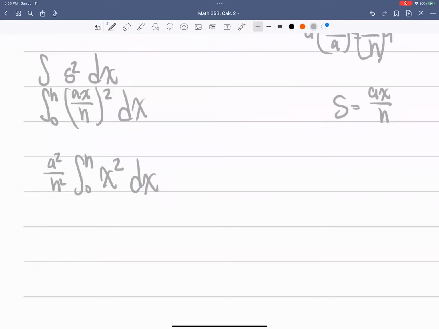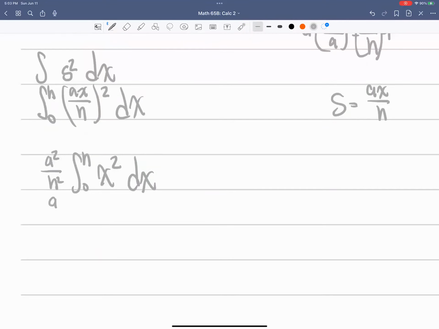From here, let's integrate the way that we know how. x cubed, so we multiply by 1/3, integrating from 0 to h. So we have a squared over 3h squared.